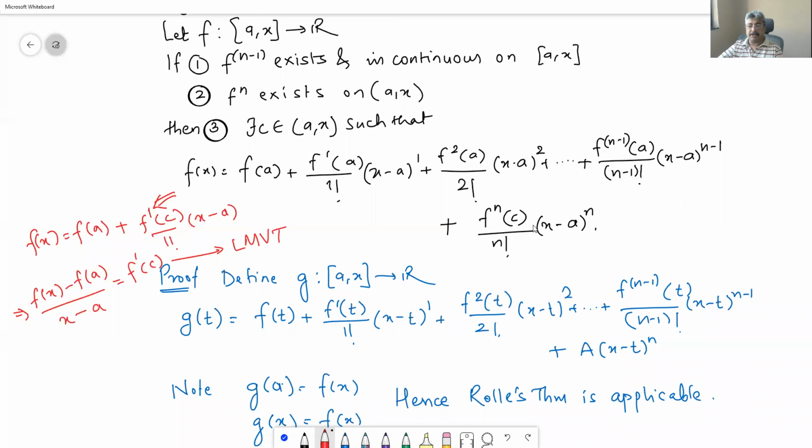This is our remainder term, which is something which we are adding from our pocket to get the equality of these two things. f of x is any function, not necessarily a polynomial function, but it can be written as a polynomial looking function provided you are able to control the remainder. Find out and check whether it is convergent or not. This is the theory which we need to understand.